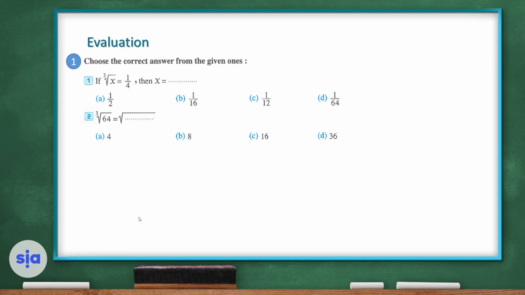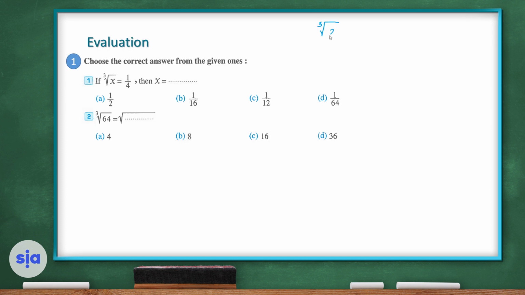The first one, if the cubic root of x equals 1 over 4, how can we find the value of x? Yes, as we said, if I have a power of 3, I make a cubic root to cross out the power of 3. So what if I have a cubic root? Yes, excellent. We make a power of 3 on both sides of the equation to cross out the cubic root of x.